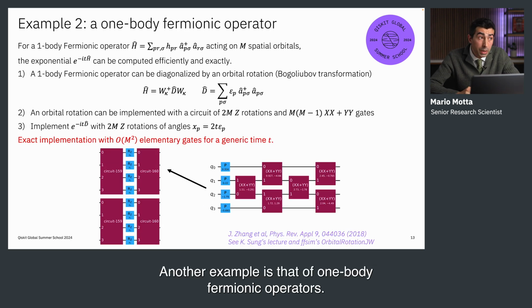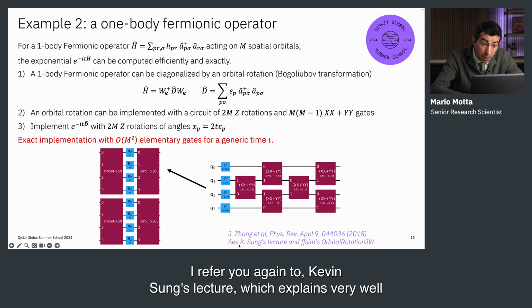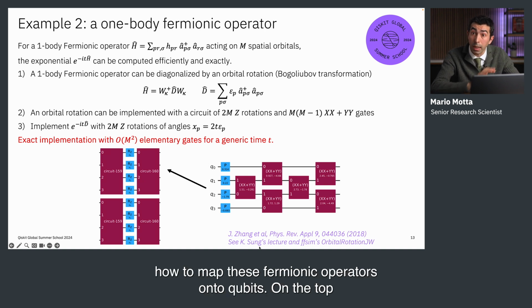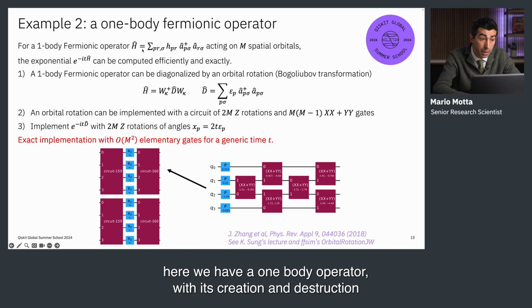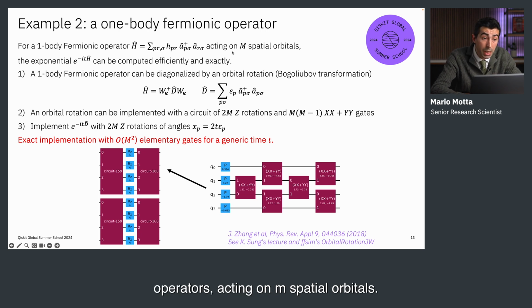Another example is that of one-body fermionic operators. I refer you again to Kevin Sung's lecture, which explains very well how to map these fermionic operators onto qubits. On the top here we have a one-body operator with its creation and destruction operators acting on m spatial orbitals.